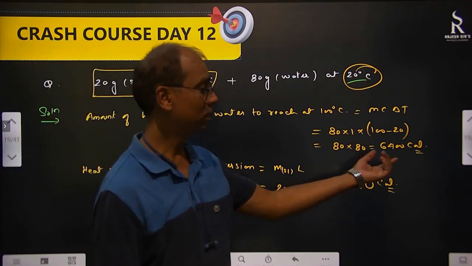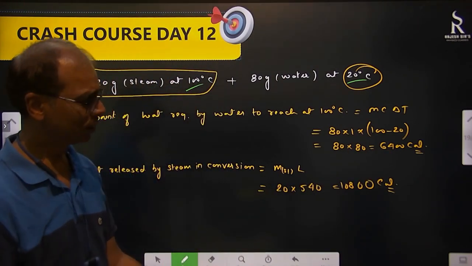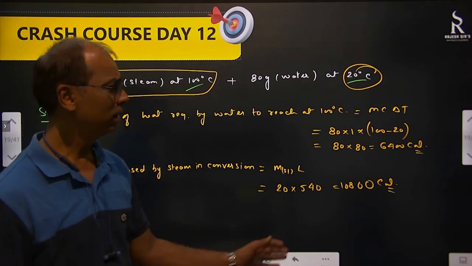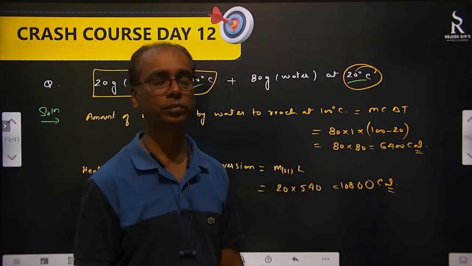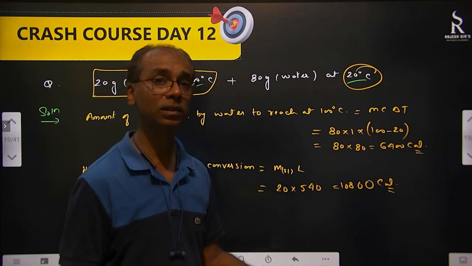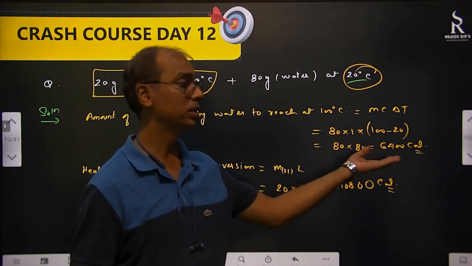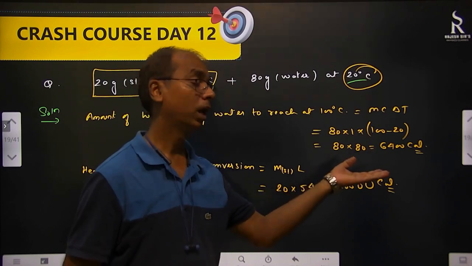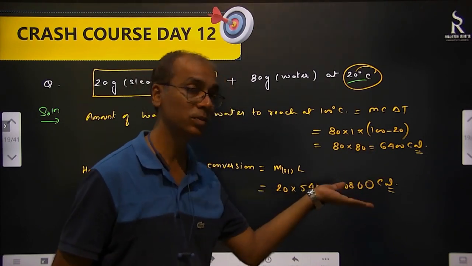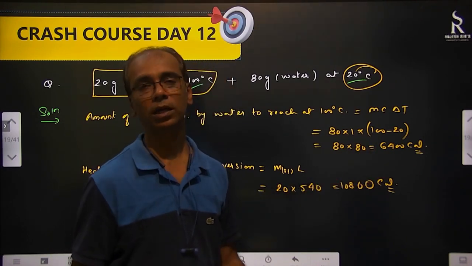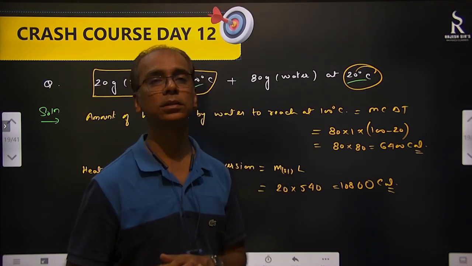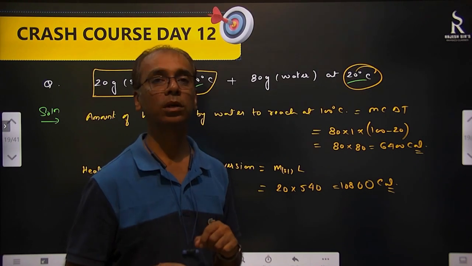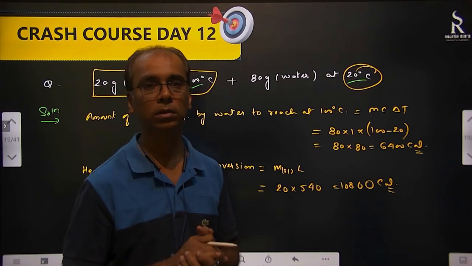And how much does the water require to come to 100 degrees centigrade? 6,400. Definitely, water can reach 100 degrees centigrade. Steam can give it. But will the entire steam convert into water? Your requirement is just 6,400, and if steam fully converts, it can release this much energy. So we know that the full steam will not be converted because the requirement is less. So now the question is: how much steam will be converted?